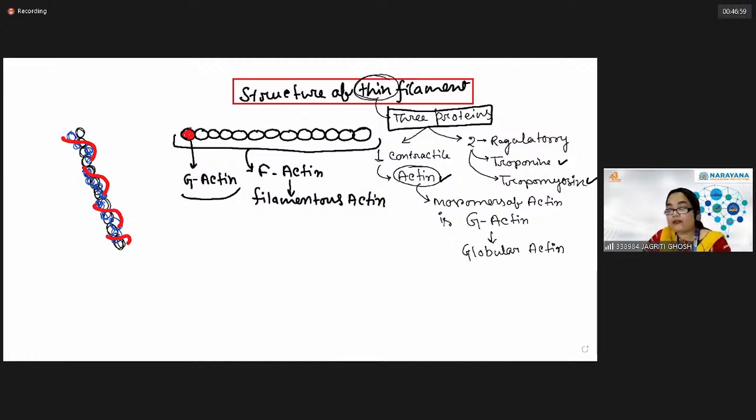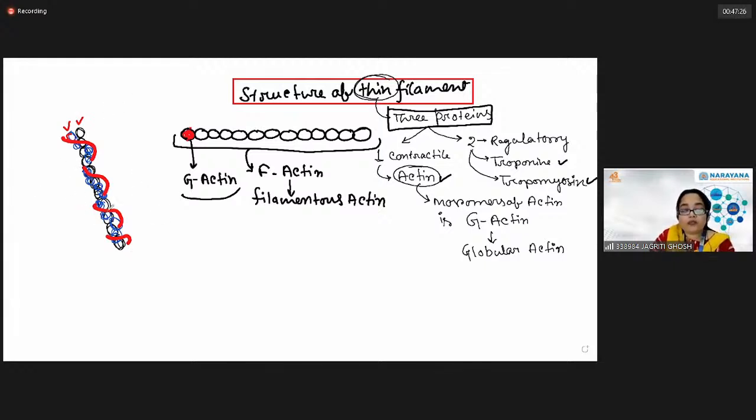Am I clear up to this part? First we saw the actin proteins. This is the G-actin, and together the G-actins form F-actin. Now there are 2 F-actins, this is 1 and this is 2. They first intercoil together.